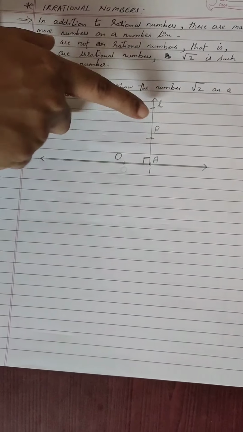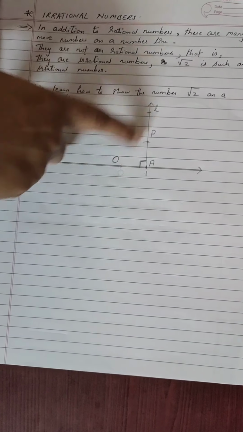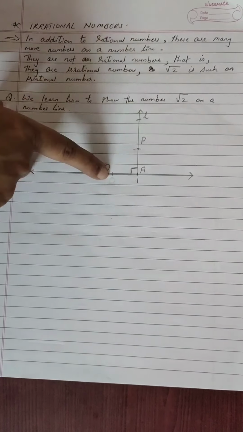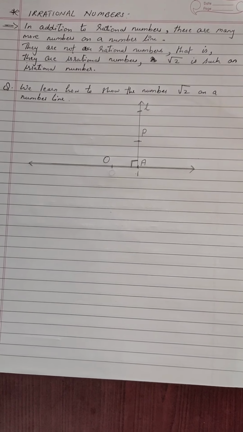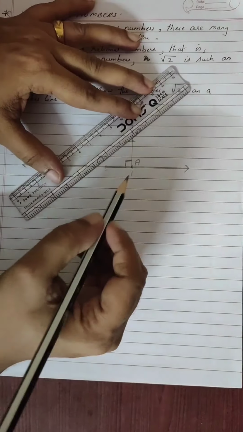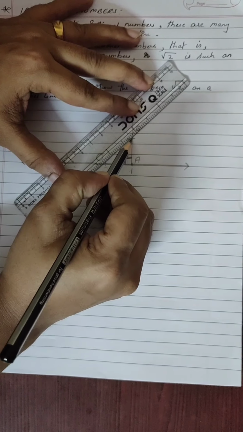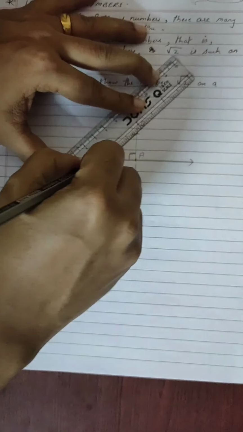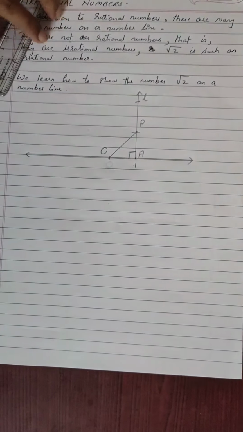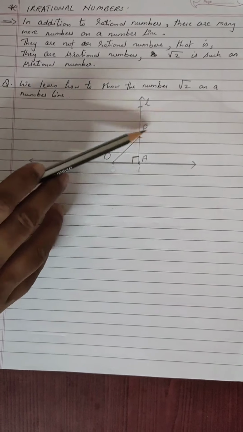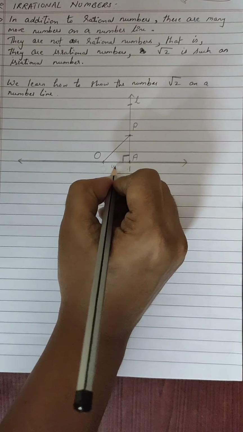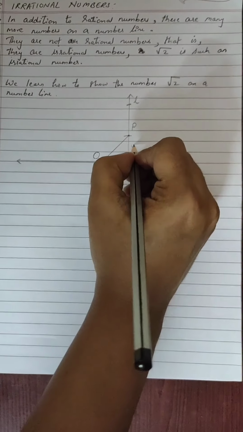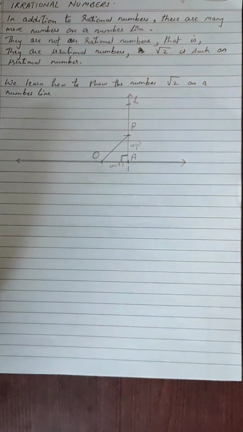So, we are going to draw a segment over here, joining P to O. Okay, so now you can see a triangle. It's a right angle triangle. And this is unit 1. This is also unit 1.